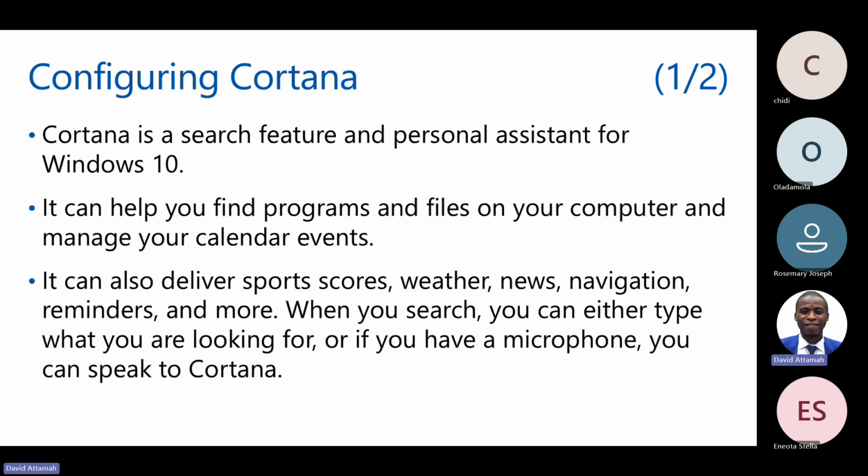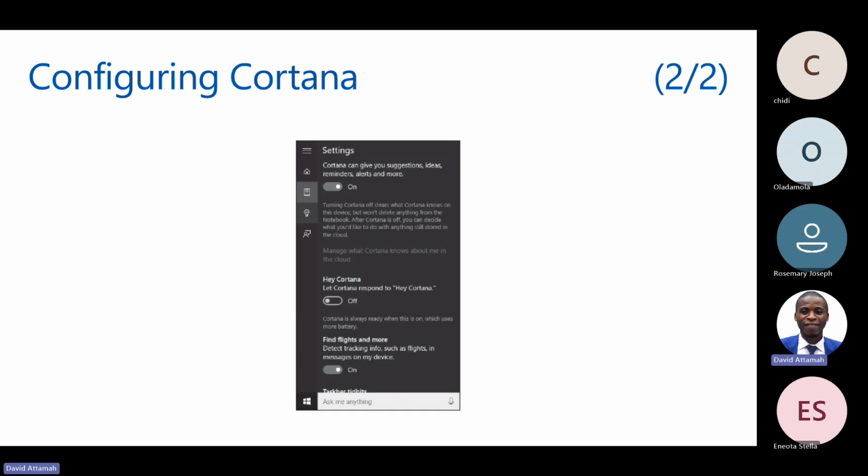When you click on it, it should be activated, and then you can use voice command to search. You can also turn it on by going to your settings. When you go to your settings, you type in Cortana and you make the possible settings you can for it.